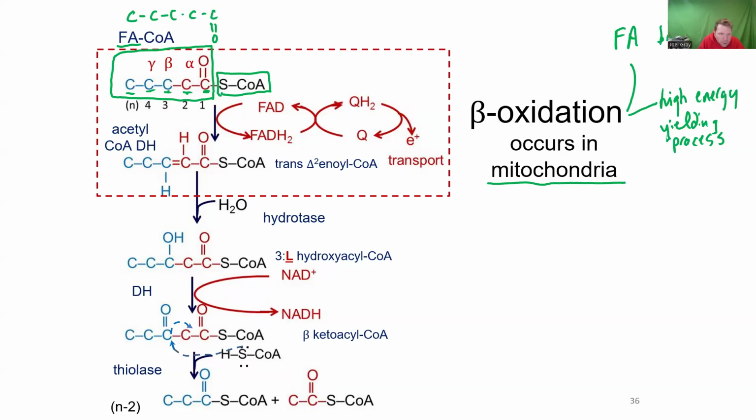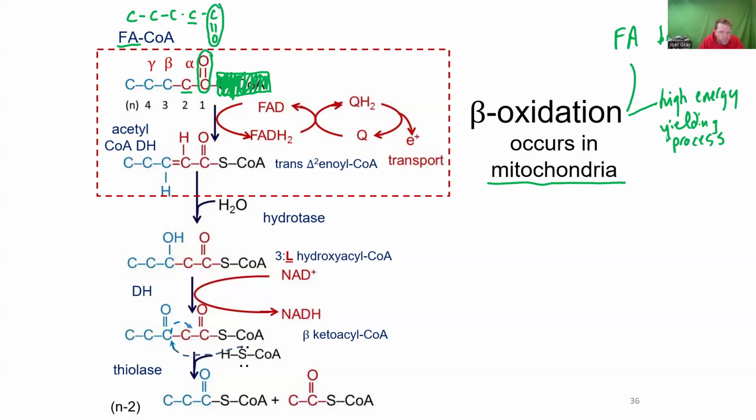So here, I'm going to do some erasing. I'm going to scribble out the S-CoA because we're going to ignore that for the time being. Here's my carbonyl carbon. Here is my alpha carbon. Carbonyl carbon, alpha carbon. Give me a 7 in the chat if you follow that. You're good with that.